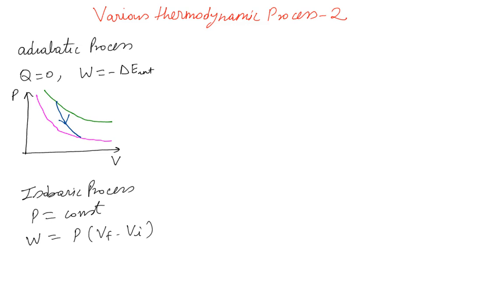There's something also called the isochoric process, or volumetric process, people say. For an isobaric process, we know the PV diagram is going to look simply like this, a straight line.